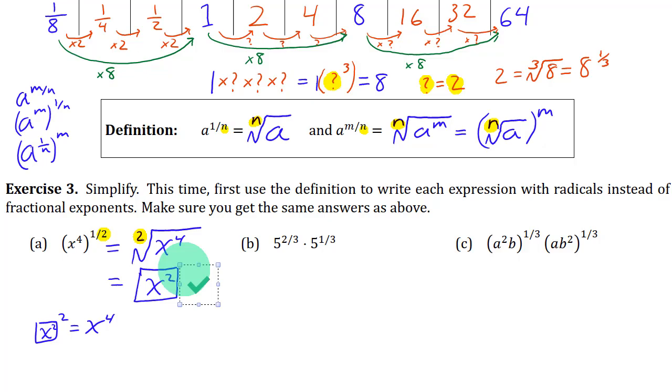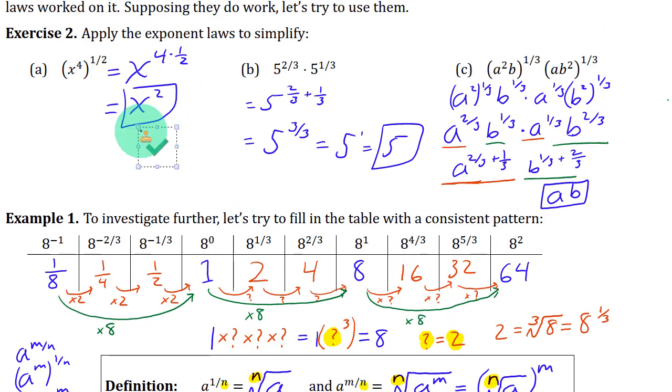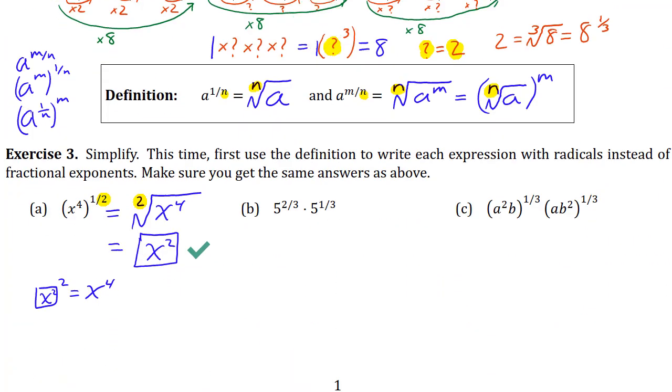But anyways, the important thing is that it worked out using the exponent laws, and it also worked out using this definition. Okay, with this one, let's use this definition. We have 5 to the power 2/3. So if the denominator of a fraction is 3, that's going to become the kind of radical that we're talking about. So this one I'm going to use this version of it.